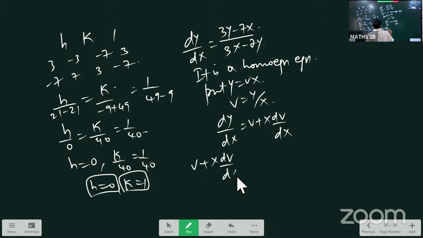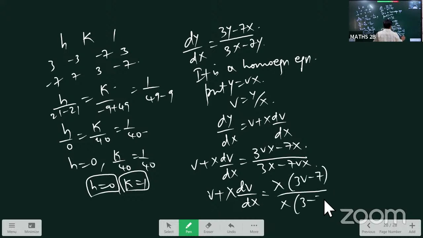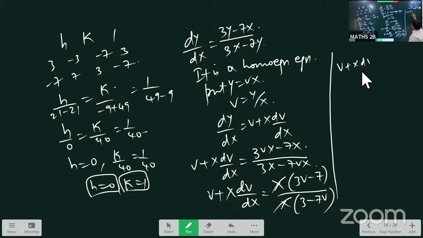So v plus x dv by dx equal to (3vx minus 7x) by (3x minus 7vx). So v plus x dv by dx equal to x common 3v minus 7, x common 3 minus 7v. Your x and x get cancelled. v plus x dv by dx equal to what is left out: (3v minus 7) by (3 minus 7v).